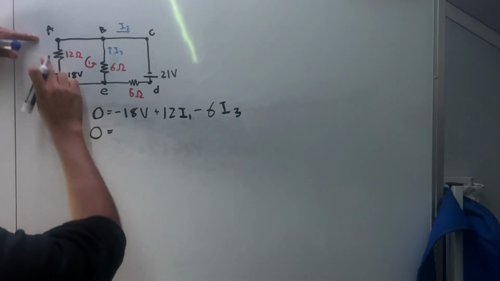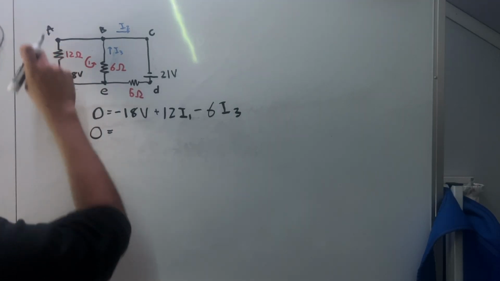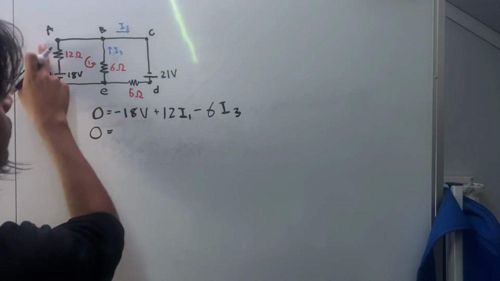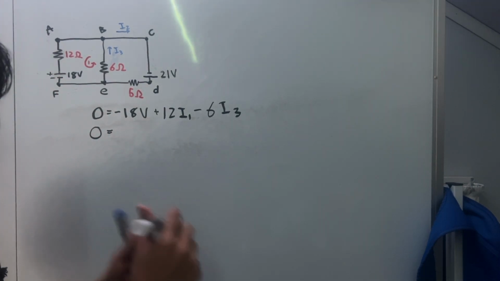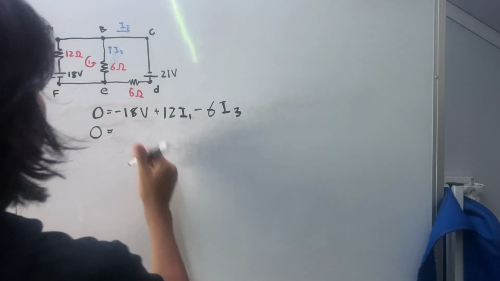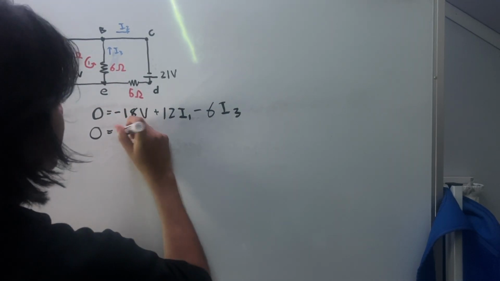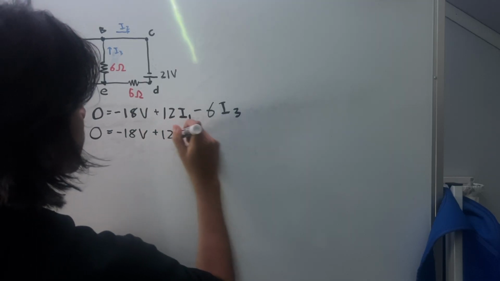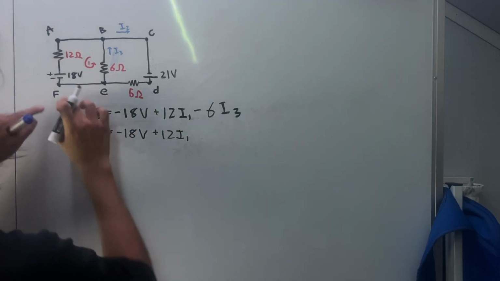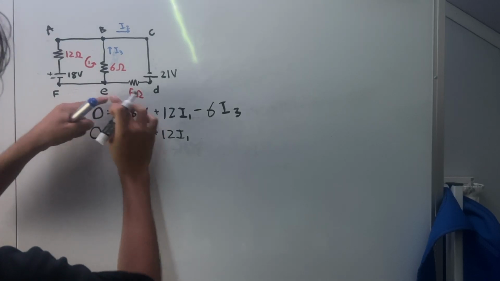Since we're traveling along the same path at the start, the equation is going to look similar to the first one: minus 18 volts plus 12I1. Then going from F to E, there's nothing there.